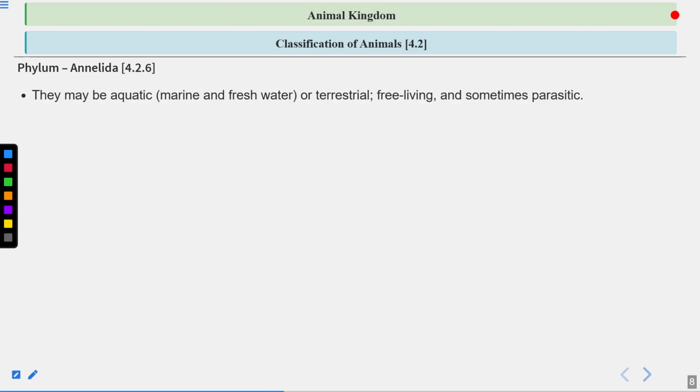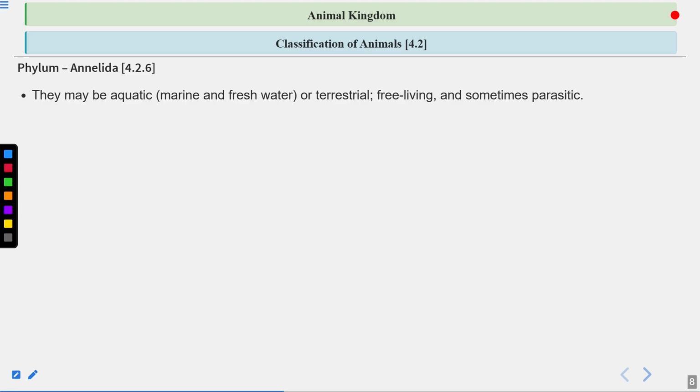They may be aquatic. There are many individuals in this phylum, and some may be aquatic, meaning they are found in a water-like environment. This water could be marine or freshwater. Some organisms are found in the marine environment, whereas some are found in the freshwater environment.